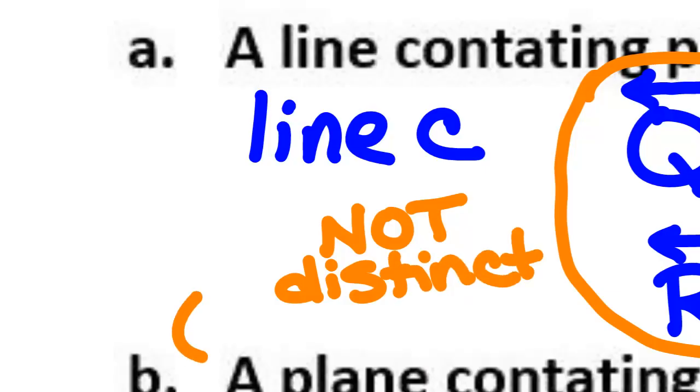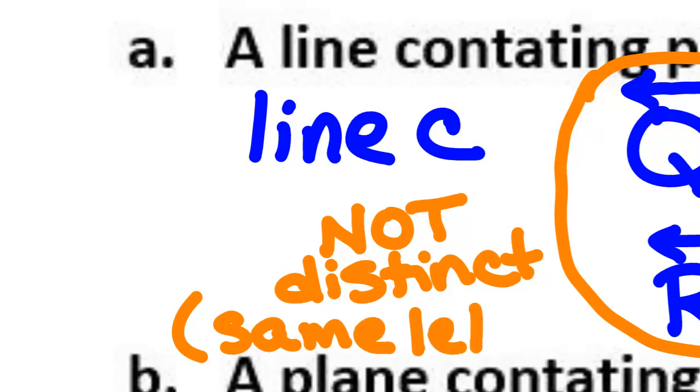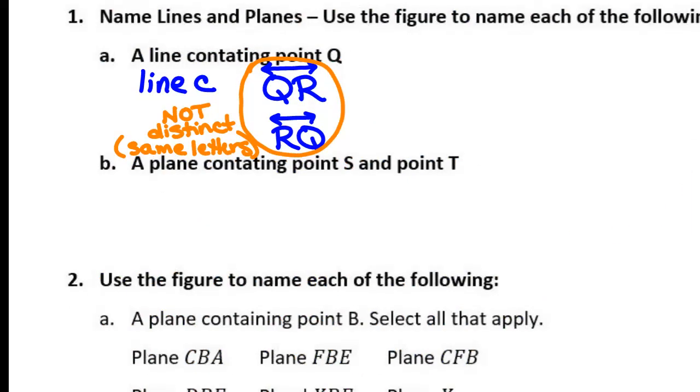It's the same letters. Not distinct. There's nothing wrong with that, but there are some questions on the homework where they ask for you to name all of the distinct or different ways of naming a line.